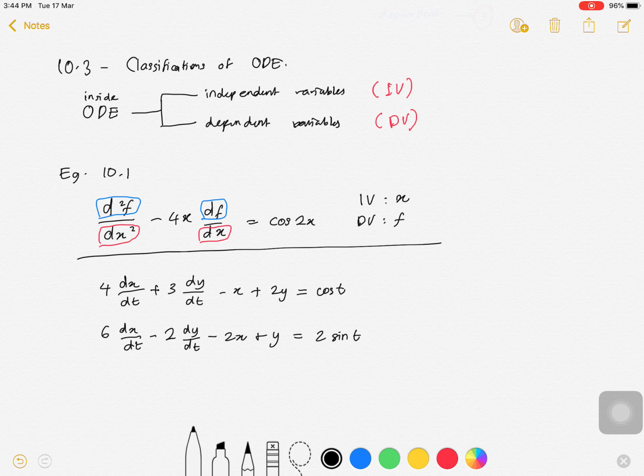Do you know what the independent variable and the dependent variable are? There are 3 variables in this case. Like I said, in a fraction of derivatives, the bottom is usually the independent variable.